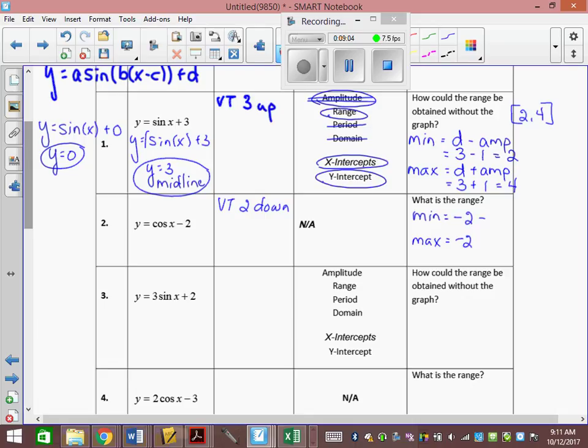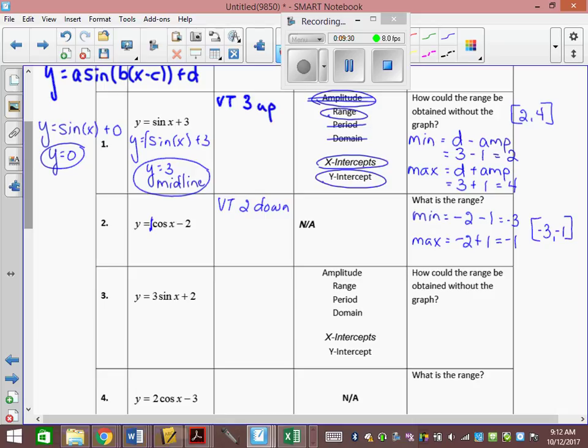And for my min, I'm going to subtract my amplitude, and for my max, I'm going to add my amplitude. What's my amplitude? It's just the absolute value of a. What's a? 1. The value here. So it's going to be from negative 3 to negative 1. Right?